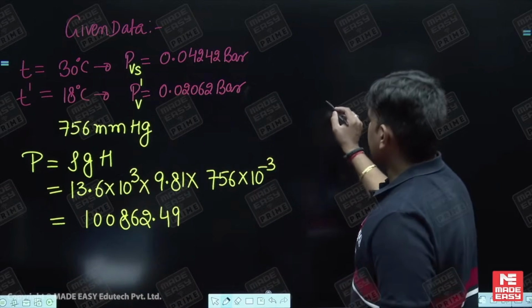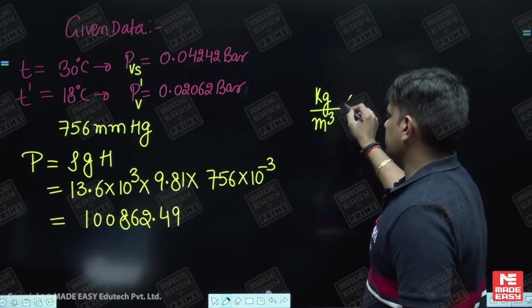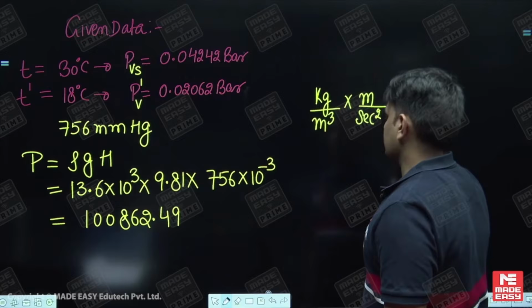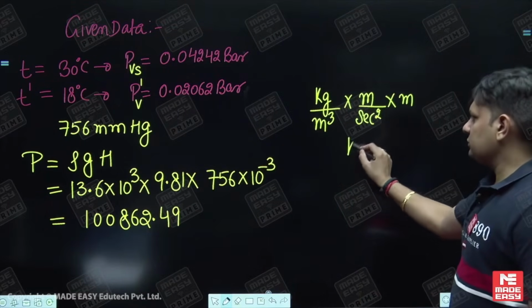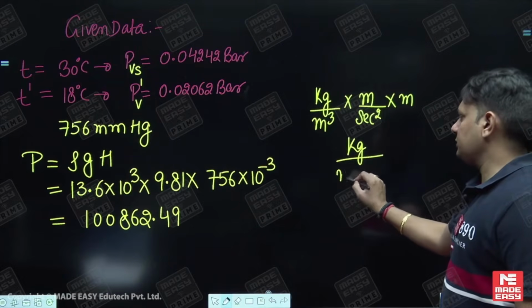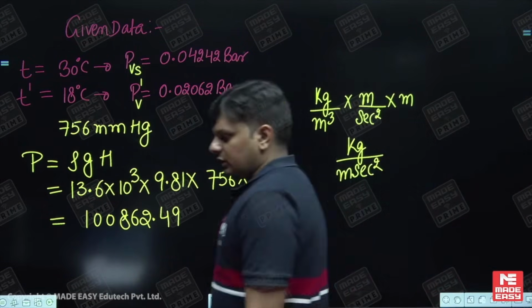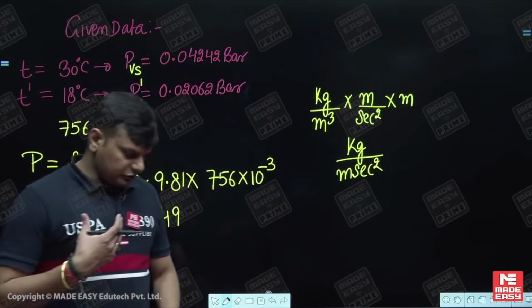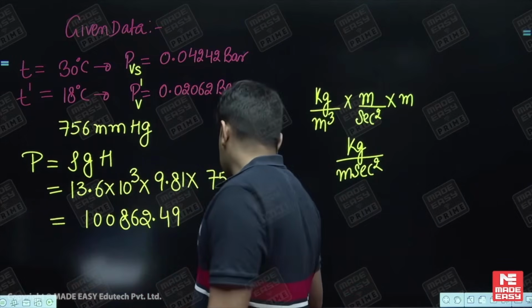Let us check the units. The density unit is kg per meter cube, acceleration due to gravity is meter per second square, and head is in meters. So meter square and meter cube will get cancelled out, giving kg per meter second square. Generally we observe pressures in Pascal, kilopascal, megapascal, bar. So how to convert?